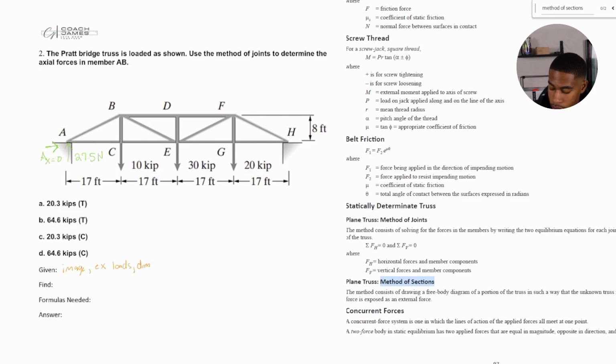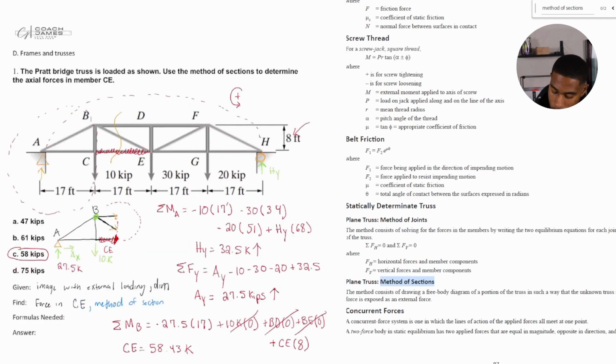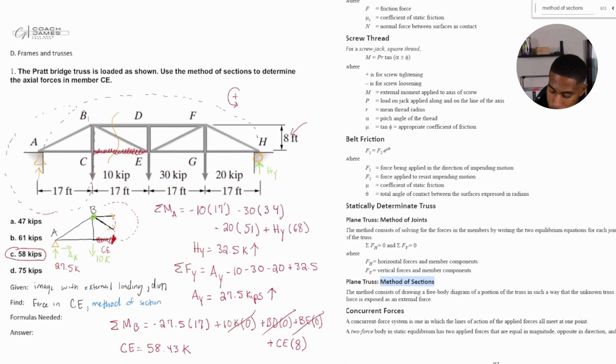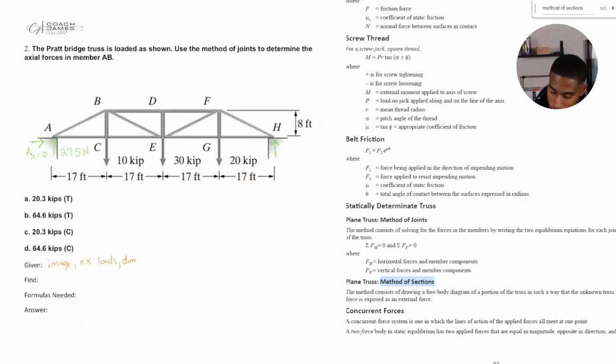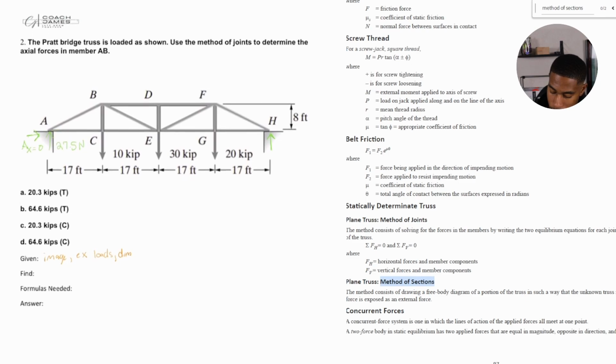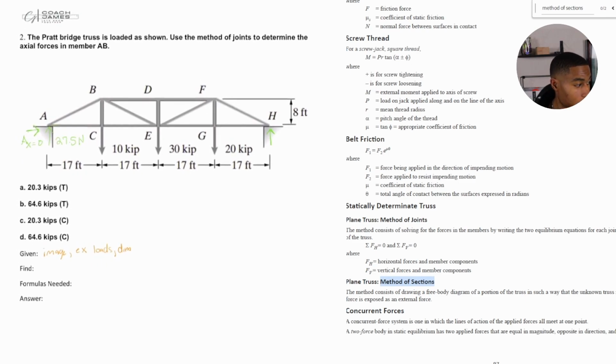All right. HY coming up is going to be 32.5. This is the same. Just want to save some time. I don't want to walk you through that whole process again, right?